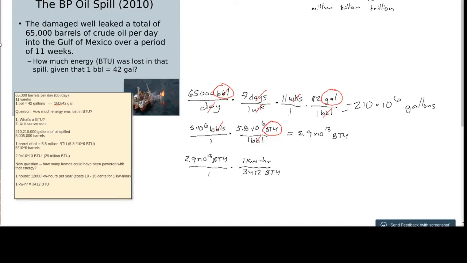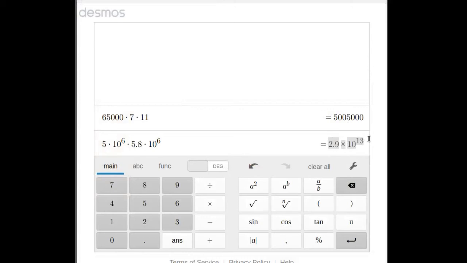And then I cancel out the units, and kilowatt hour is the unit that's left. So if I multiply the 29 trillion and then divide it by 3,412, that will give me the number of kilowatt hours. So I'm going to take that answer that I've already got and divide it by 3,412.